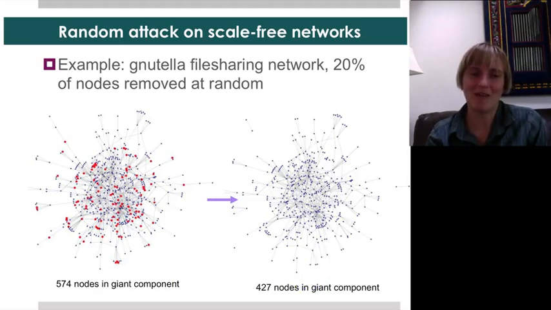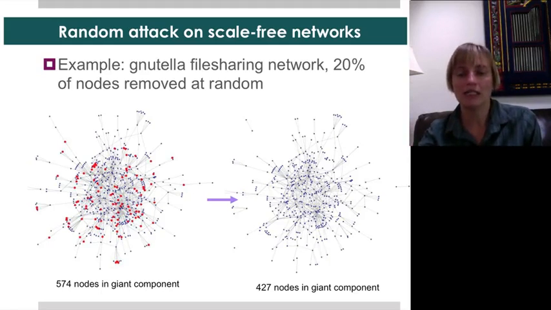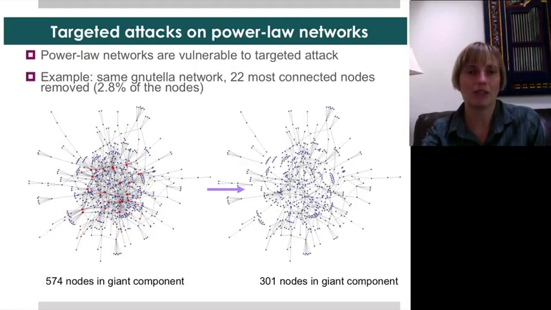If you look at this network, you'll realize that there are lots and lots of nodes with degree 1. And since this is just a random attack, meaning that nodes are selected at random, very likely you're going to hit the 1 degree nodes and not the few hubs. And so removing leaf nodes, nodes of degree 1, because they're just kind of dangling off the network, doesn't really affect the network that much.